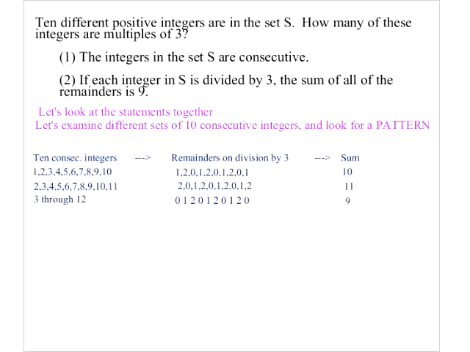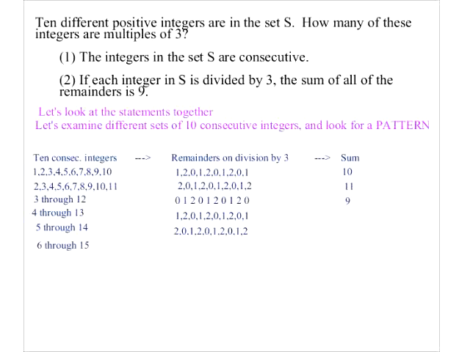And then what you'll find happening is a repetition after a while. If you use 4 through 13, then you get those remainders again. If you use 5 through 14, then you get this set of remainders again, and so on.